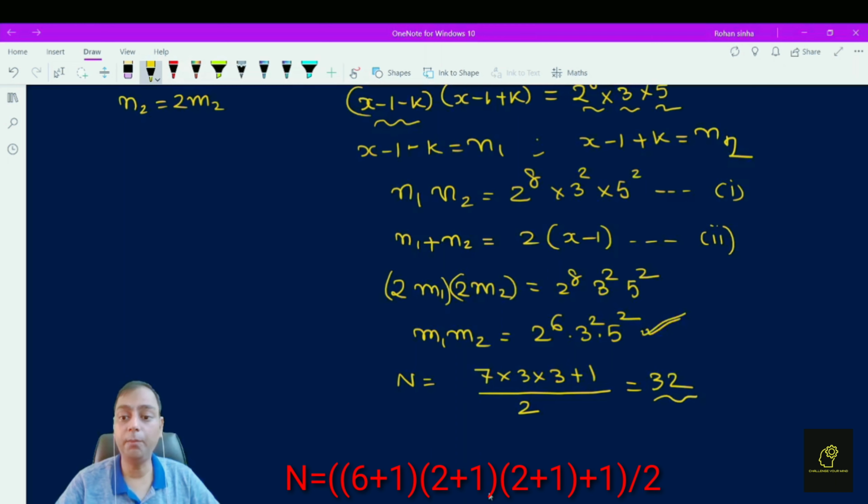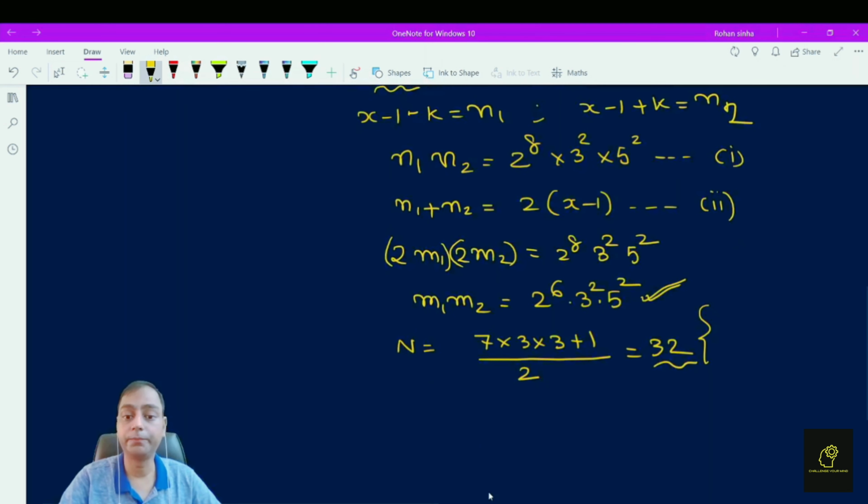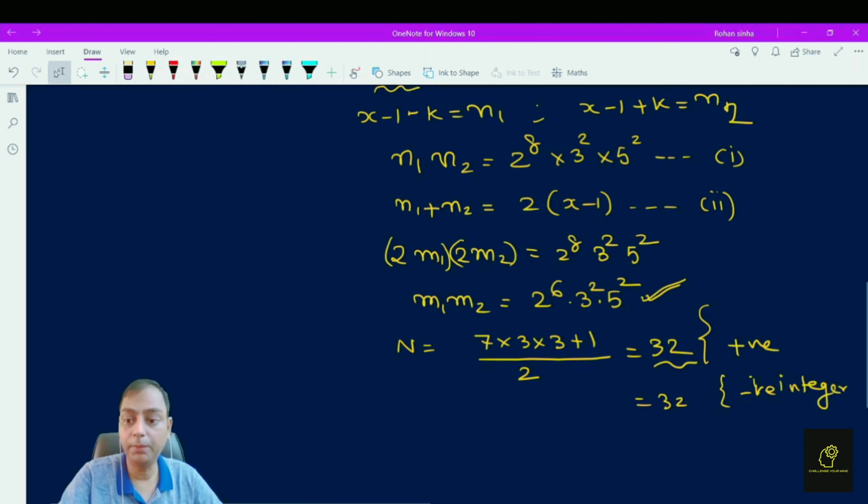In the case of positive integers it is 32. In the case of negative integers it is also 32. So the total number of cases is 32 plus 32, so 64. So the answer of this problem is 64.